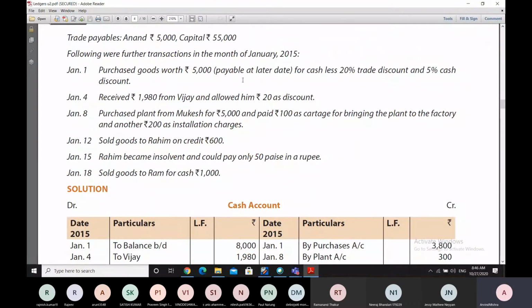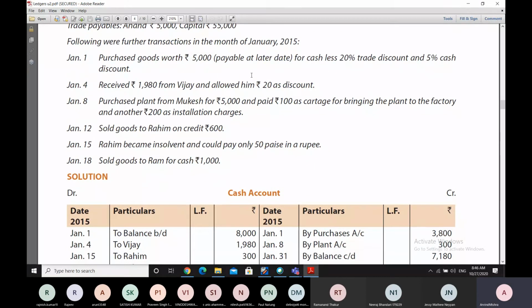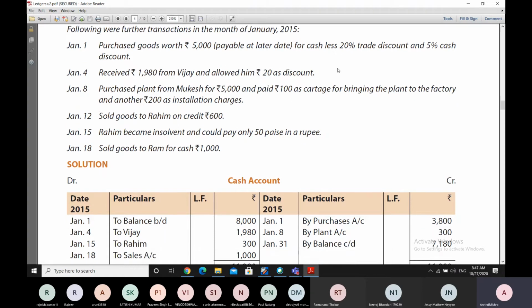So let's say on 5,000 rupees, since we are making a cash purchase, because if we had made a 5,000 rupees purchase payable at a later date, then we would have to pay 5,000 rupees on a later date, but we are purchasing it for cash. So when we purchase it for cash, there is a 20% discount. So 20% of 5,000 is 1,000, and thereby we are left with 4,000 rupees.